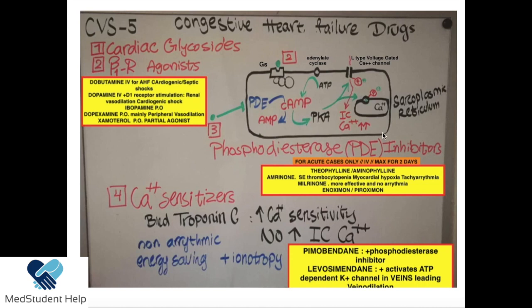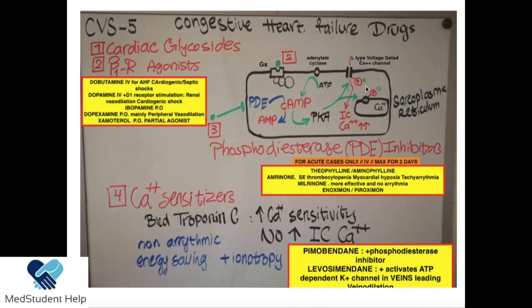Now, this is the cardiac muscle, just to be clear. Now, the cyclic AMP is going to lead to the activation of the PKA, which is the protein kinase A. This protein is going to phosphorylate two things. The first thing that it is going to phosphorylate is the L-type voltage-gated calcium channel.